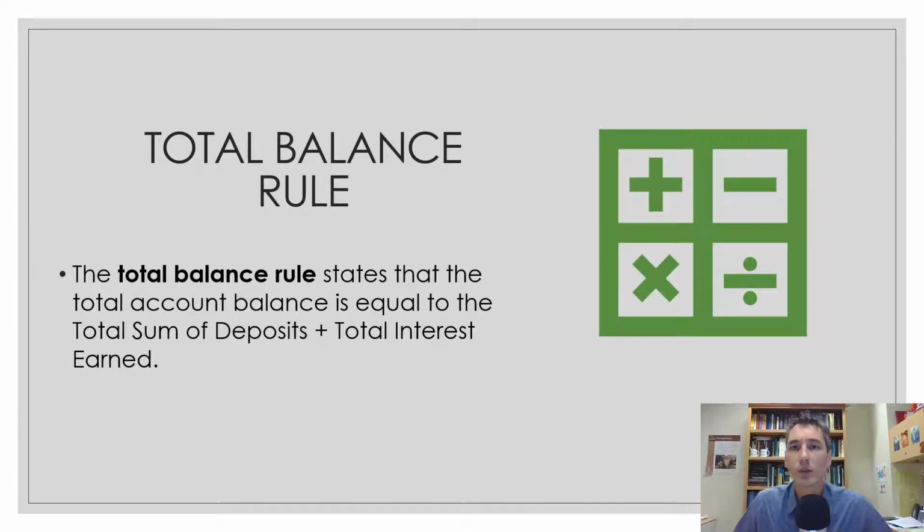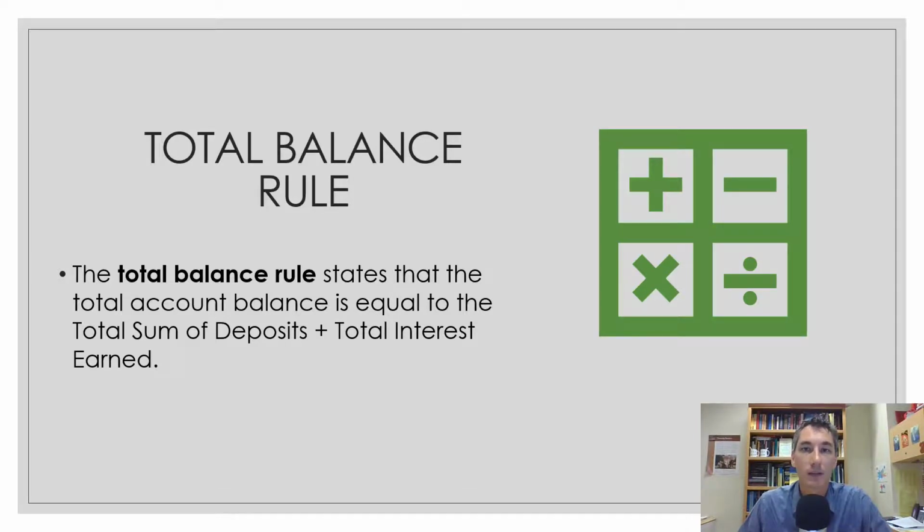The total balance rule sounds simple, but it's really important. It basically says that your account balance is the total sum of the deposits plus the total interest earned. So if you have so many deposits and so much interest, whatever that is, it adds up to the total account balance. You can see that as being important if you want to know how much interest was earned.